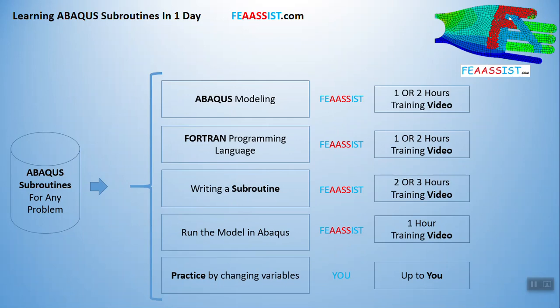When you learn how Abacus is modeled, how Fortran programming works, how you have written the subroutine, you need to change the variables and see the results. You just need to practice for a maximum of a month, then you will be an expert in your problem.